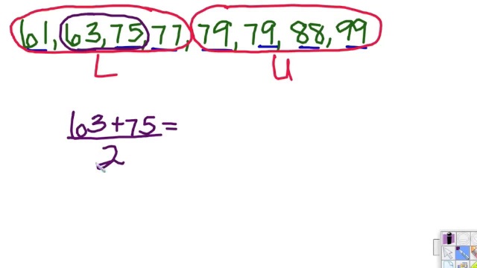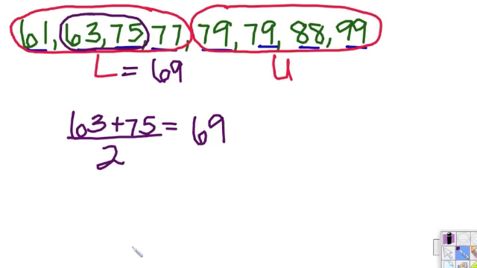When you get that answer and divide by 2, you will wind up with 69. I'm jumping some steps here to move a little faster. So my lower median is 69.